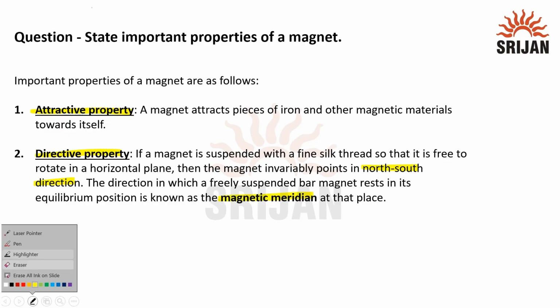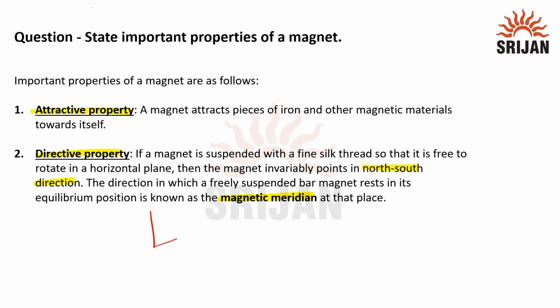So let me explain this property. Here, let us suppose there is a fine silk thread and I have tied a magnet at its end. Suppose this is a bar magnet. When in equilibrium position, the magnet will automatically align itself in the north-south direction.